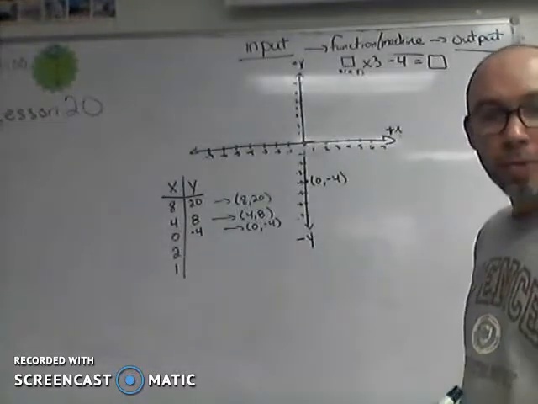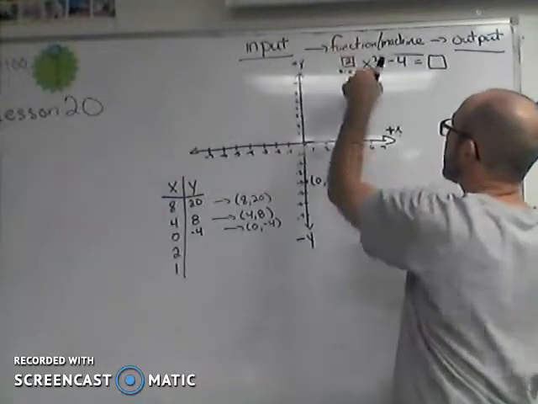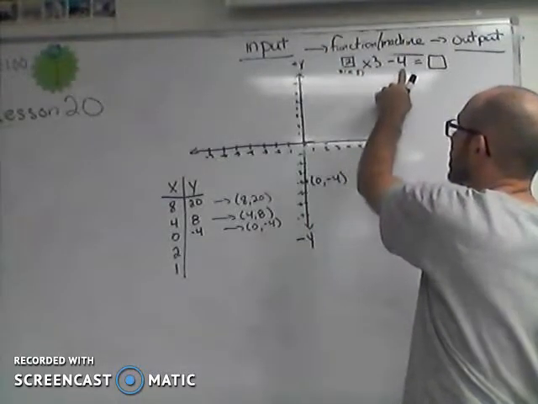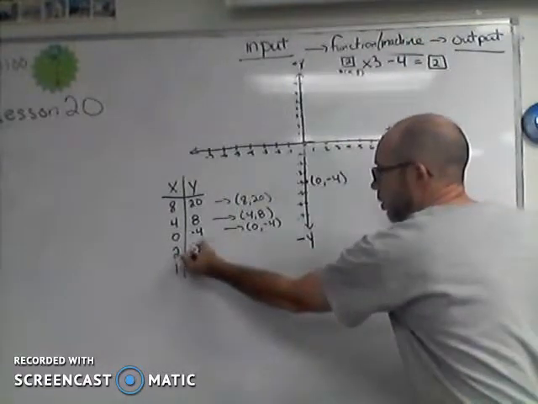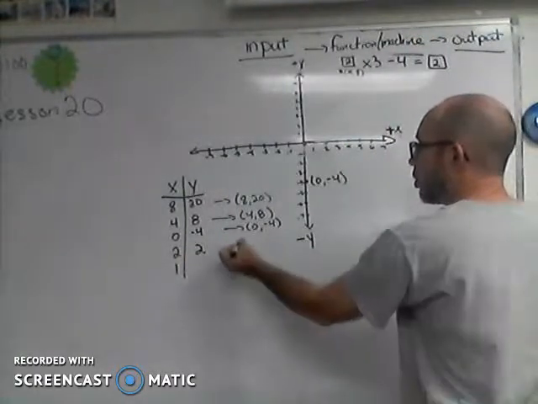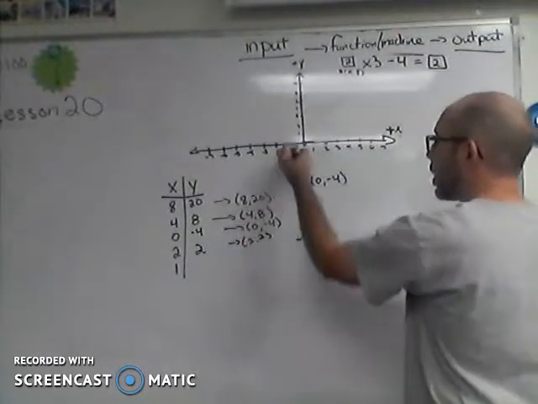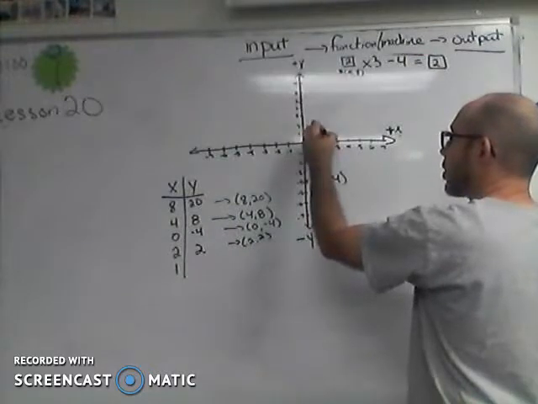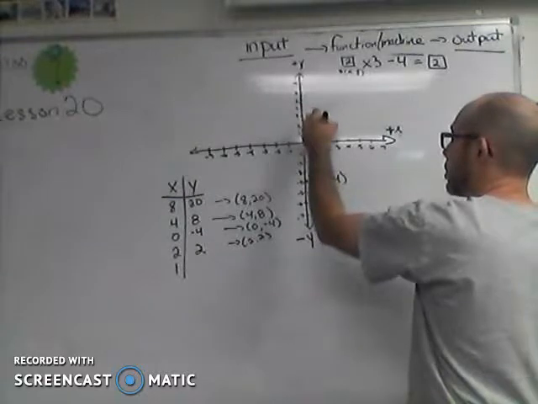Now let's run 2 and 1 through our machine. If 2 is multiplied by 3, you get 6. You subtract 4 from that, you get 2. So point 2, 2 will come out of that. 2, 2, and that would be going 1, 2 in the x direction and 1, 2 in the y direction. There, that one is at 2 and 2.